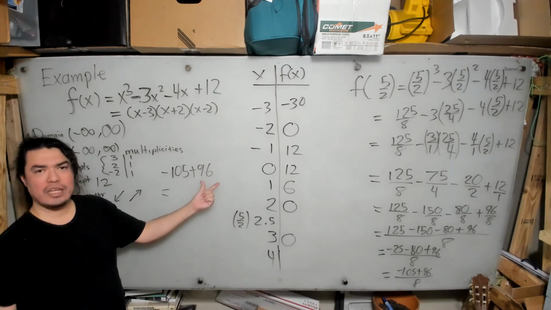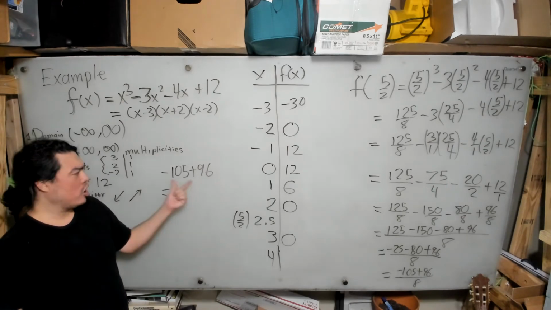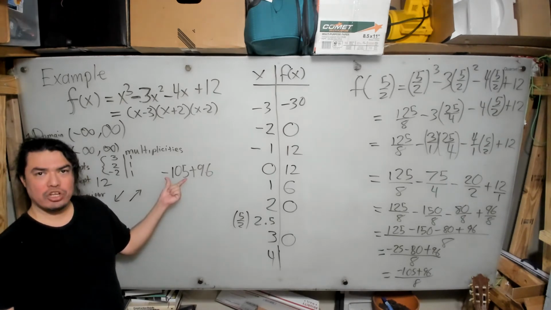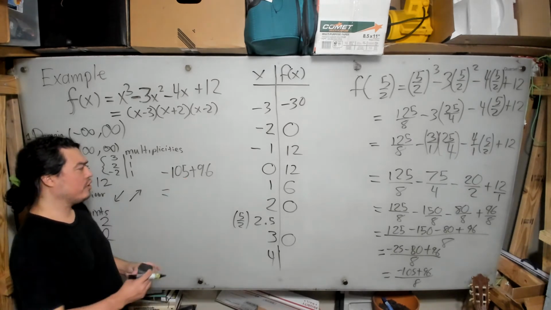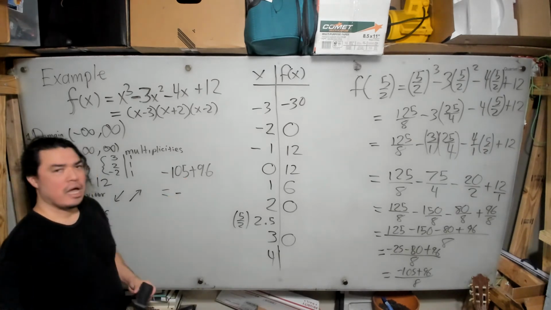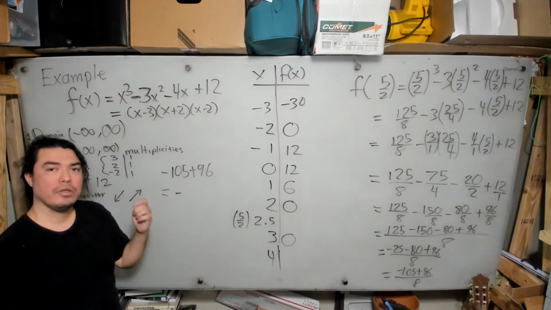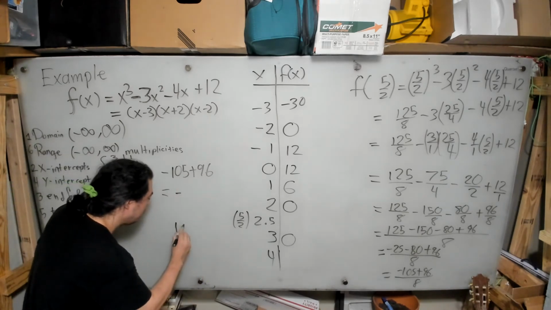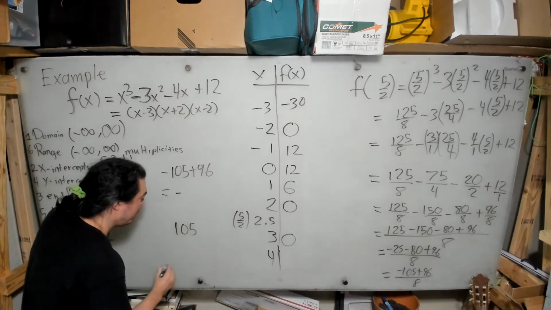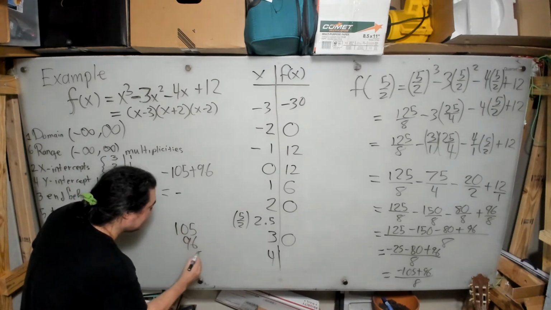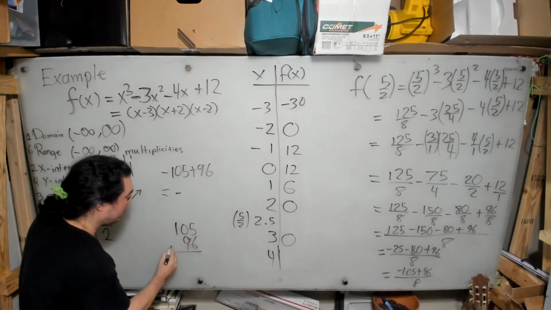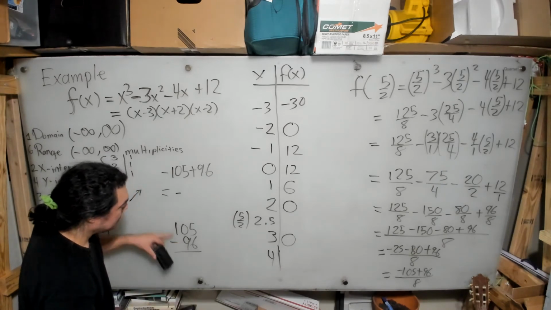The absolute value of the 96 is 96. The negative 105 has the larger absolute value. So the result of this sum will be negative. And the actual value we will get by subtracting the absolute values, the smaller from the larger. The 96 is the smaller absolute value, so I'm subtracting 96 from 105.